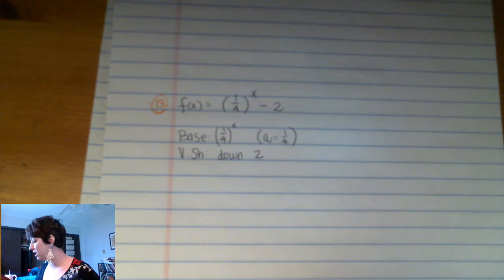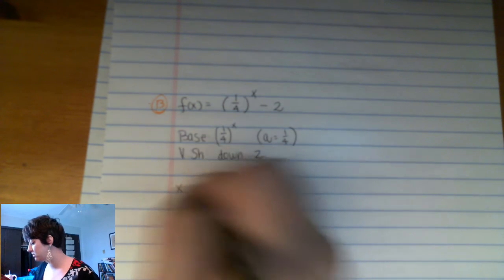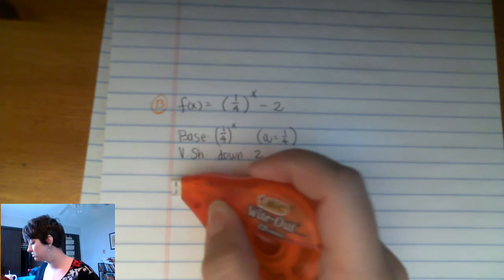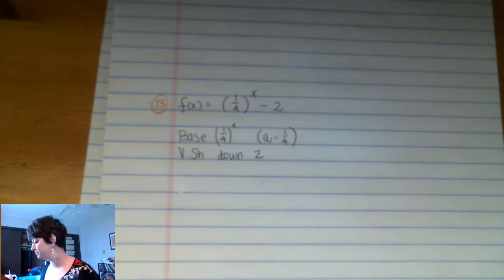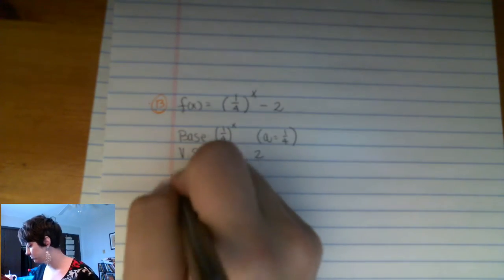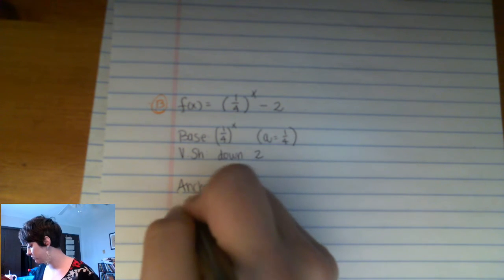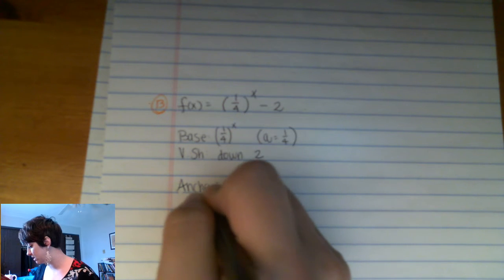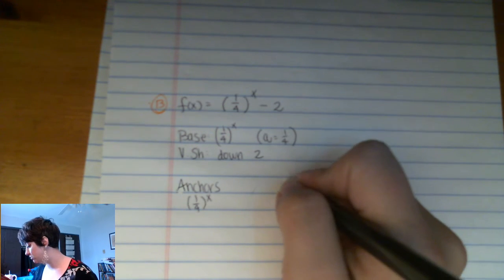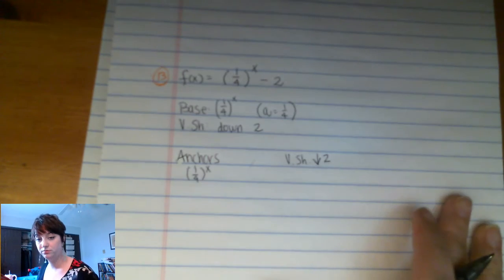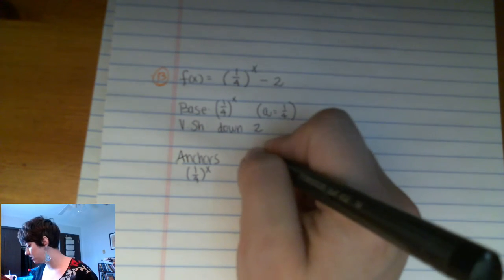So for my points, I'm going to start with my anchor points. My anchor points for 1/4 to the x. Then I'm going to do a vertical shift down 2.